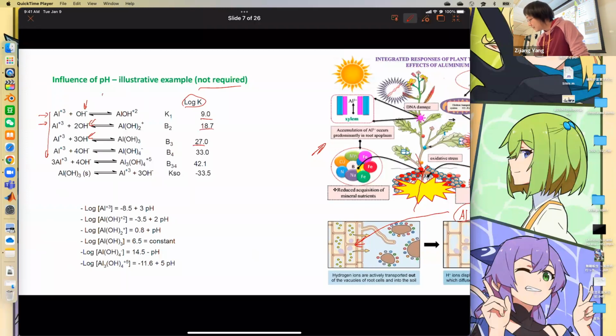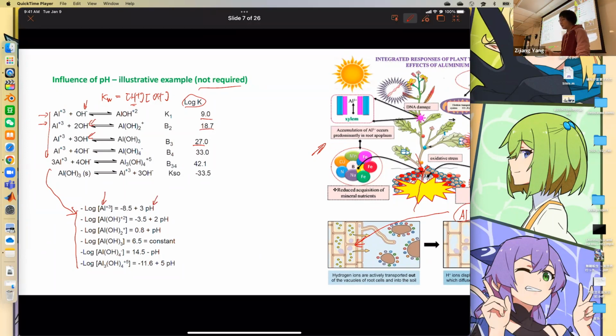We know that Kw for water is the constant of the product of the concentrations of hydroxide and hydrogen. So we can transform these relations into the relations here. These are the log concentrations of different species as a function of pH.